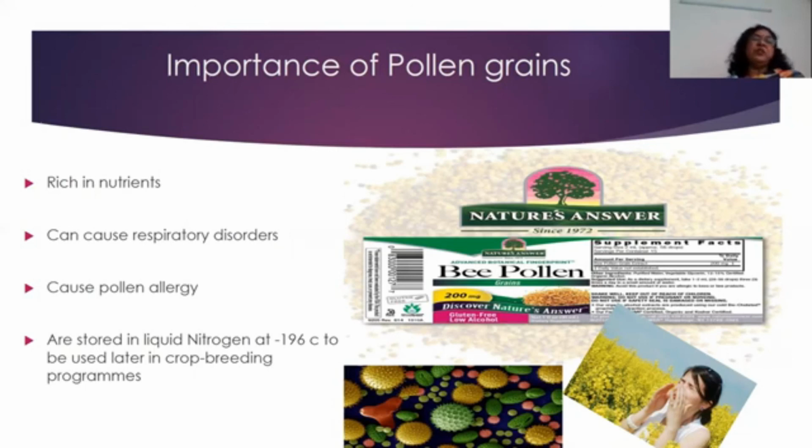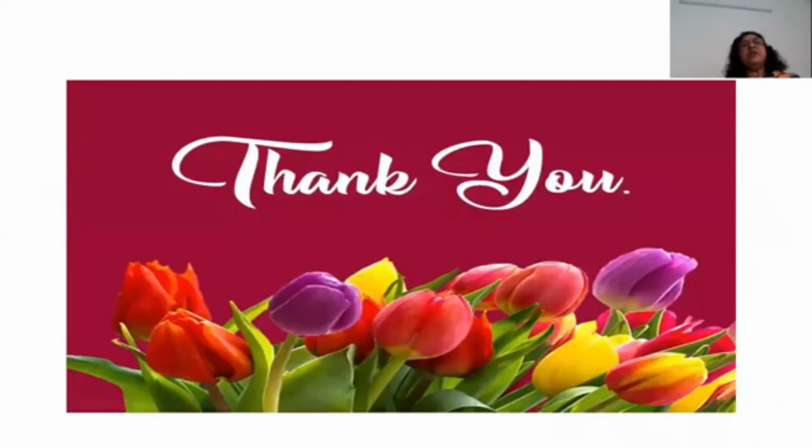This viability depends upon the prevailing temperature and humidity. For example, in some cereals like rice and wheat, the pollen grain loses its viability within 30 minutes of release. Whereas members of Rosaceae, Leguminosae, Solanaceae have a viability of about months.